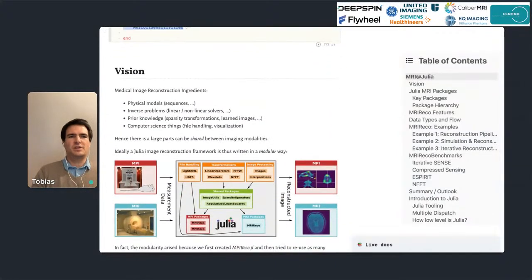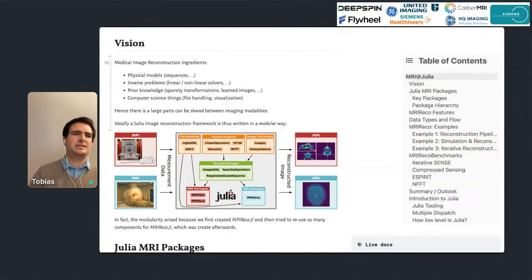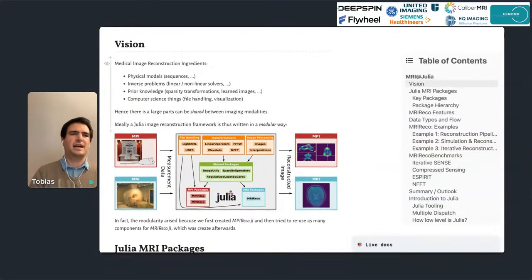Now let me start a little bit with the vision that I had when we developed MRI Reco. Let's start with this first part. If you look at medical image reconstruction ingredients from a higher perspective, I'm not just developing MRI, but I'm also in the field of so-called MPI, which is another imaging modality, and I've also done computer tomography research.